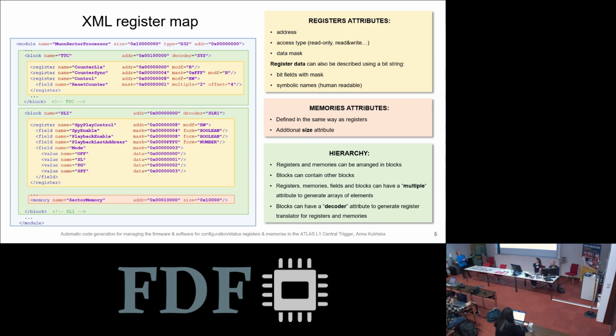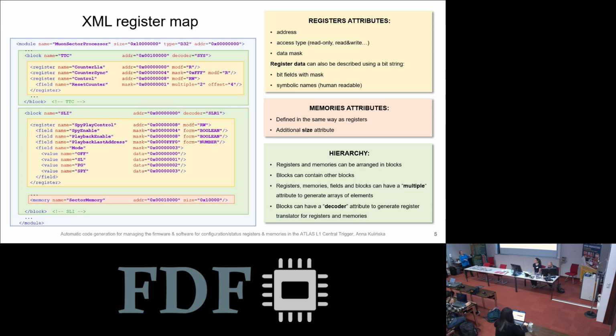At the top, we have a module name with the name of the FPGA that these registers and memories will be used for. And later, below, we have declarations of registers and memories. The declarations are gathered in blocks. Every block is responsible for one firmware functionality.